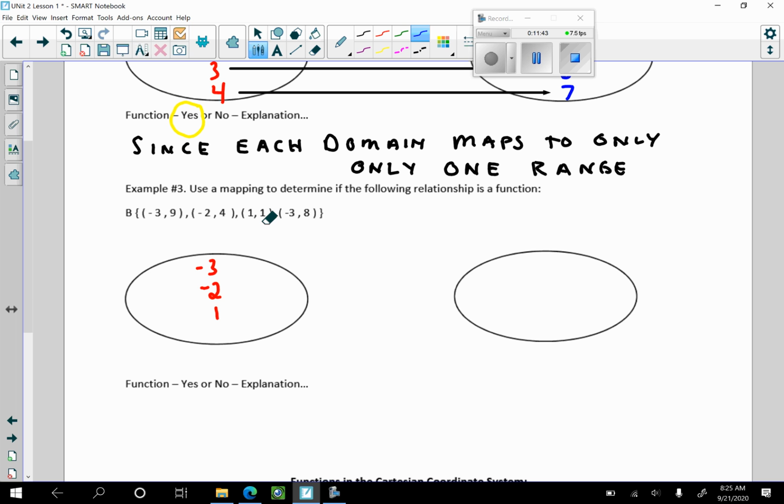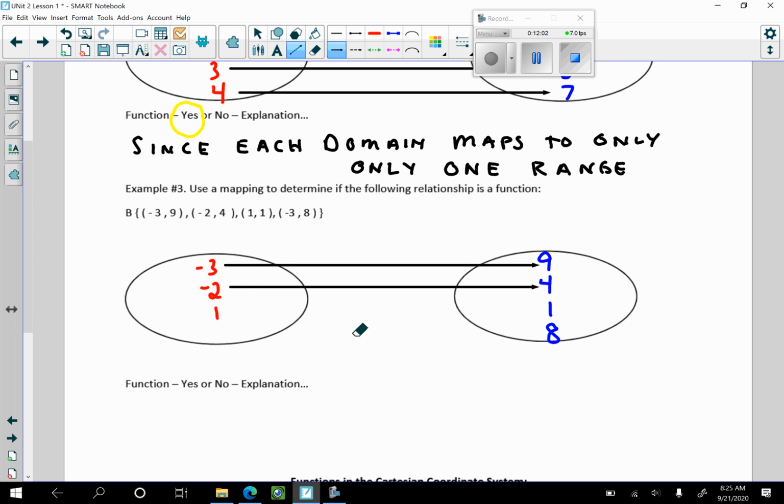And my y values then are going to be 9, 4, 1, and 8. I'm going to use my mapping. -3 maps to 9, -2 maps to 4, 1 maps to 1, and if I notice here, -3 maps to 8 as well.